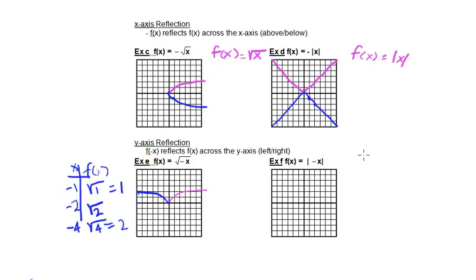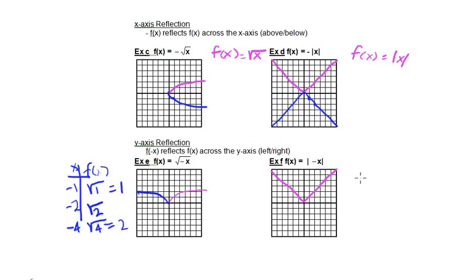Finally, let's go over to the last graph, which is also using an absolute value, but this time the minus sign is on the inside of the absolute value symbol. And our absolute value graph looks like this. So this is f of x is equal to just the absolute value of x.